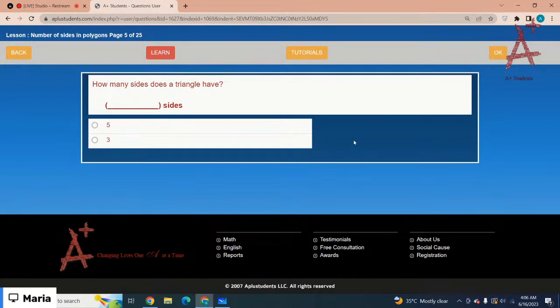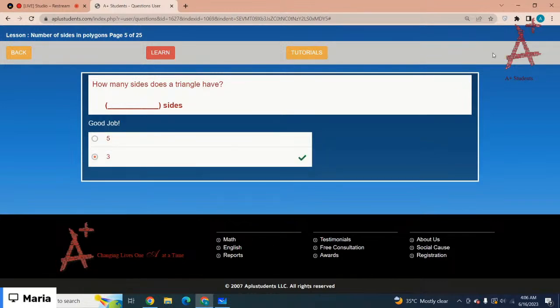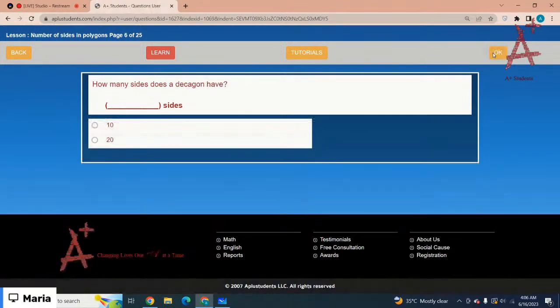So a triangle has 3 sides. How many sides does a decagon have? A decagon has 10 sides. So the correct option is 10.